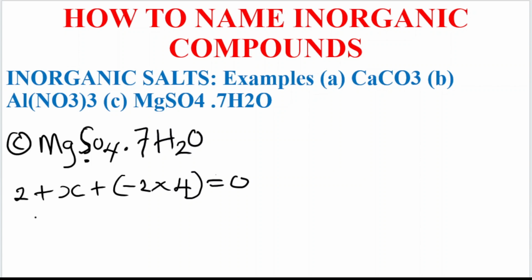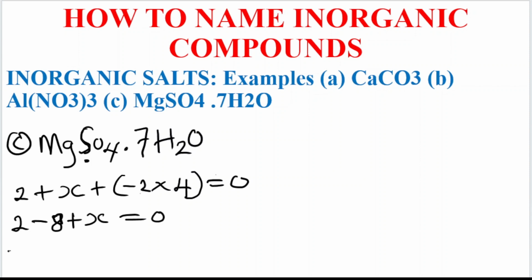Alright, so let's proceed. 2, this times this is 8, so collect like terms: 2 minus 8 plus x equal to 0.